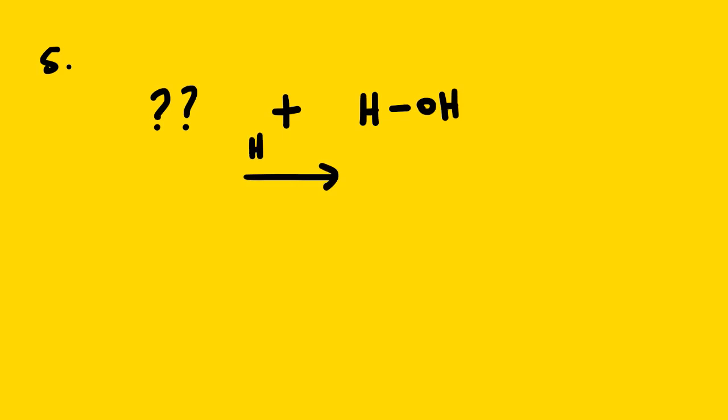Now let me twist the question a bit. Suppose we are looking for an alkene that reacted with water under the presence of sulfuric acid to form this product here. So I'm trying to say, looking at the product, can you tell which reactant we have?